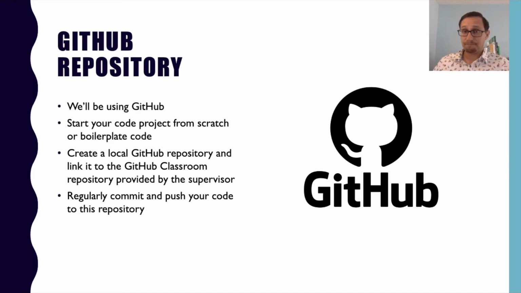So what you'll need to do to complete this task is you will start your coding project from scratch, or you'll use a boilerplate. So meaning I'll provide you with some code, or your teacher in general will provide you with some code. And from that code, you can then have an up and running project.